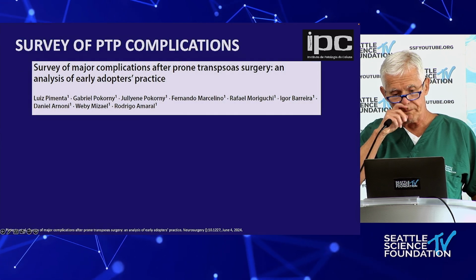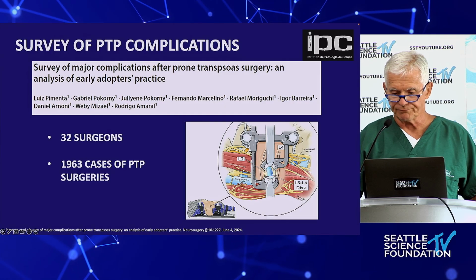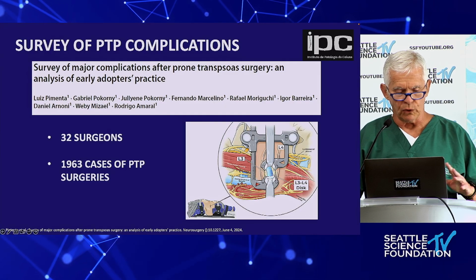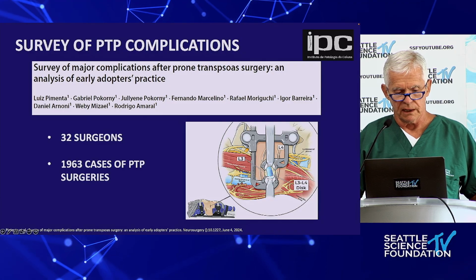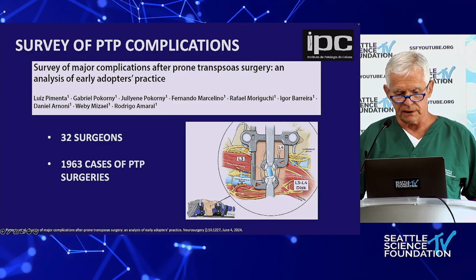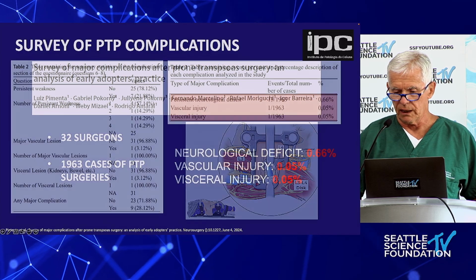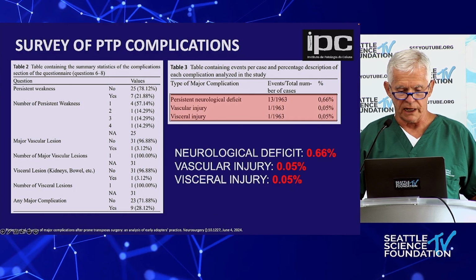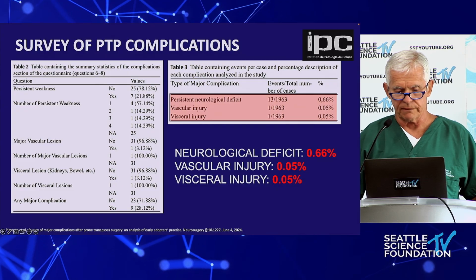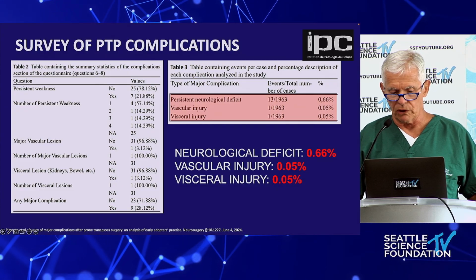We have some papers that we published on complications in prone lateral. We have one that is a multi-center survey, 1,900 cases among 32 surgeons. The rate of vascular and bowel complications is actually very low.